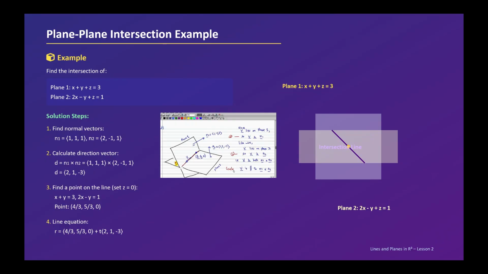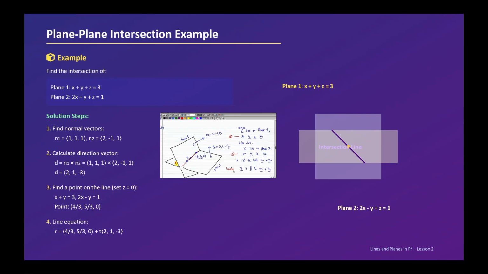So, for example, take the planes x plus y plus z equals 3 and 2x minus y plus z equals 1. Their normals are (1, 1, 1) and (2, -1, 1). These are clearly not parallel, so the planes must intersect in a line.